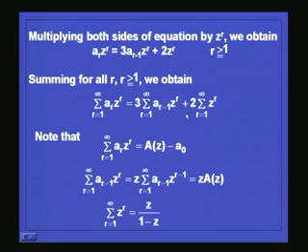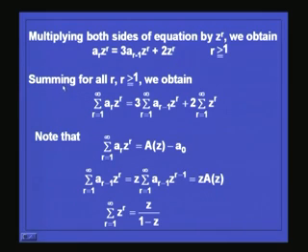Now, given this, you multiply both the left hand side and the right hand side by z^r. Multiplying both sides of the equation by z^r, you obtain a_r z^r = 3a_{r-1} z^r + 2z^r.